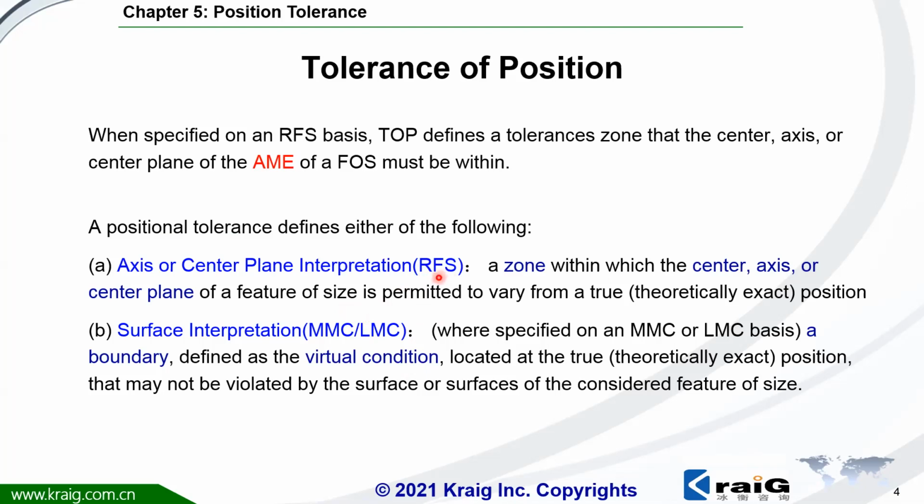In this case, we explain this as axis or center plane interpretation, because there's no bonus. The TOP is used to control the tolerance of axis and center plane, and the tolerance zone is going to be either a cylinder or two parallel planes.